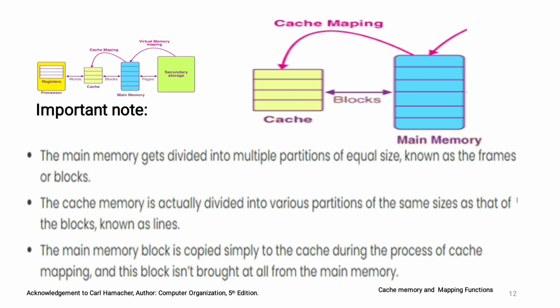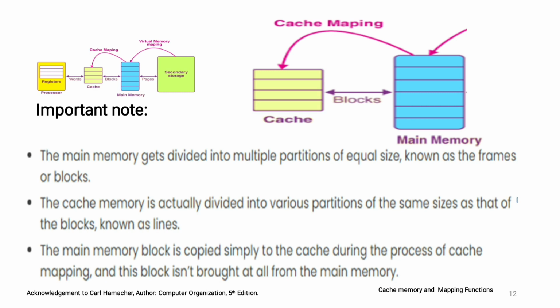The main memory gets divided into multiple partitions of equal size known as frames or blocks. Another name for blocks in main memory is frame. The cache memory is divided into partitions of the same size as the blocks. Here in cache they are known as lines.